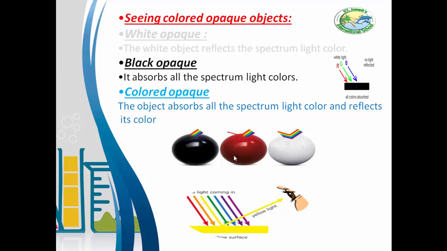Another question: we wear black clothes in winter because black clothes absorb all the colors that fall on them, causing the feeling of warmth. So the white opaque reflects all, black opaque absorbs all, colored opaque reflects only its own color.